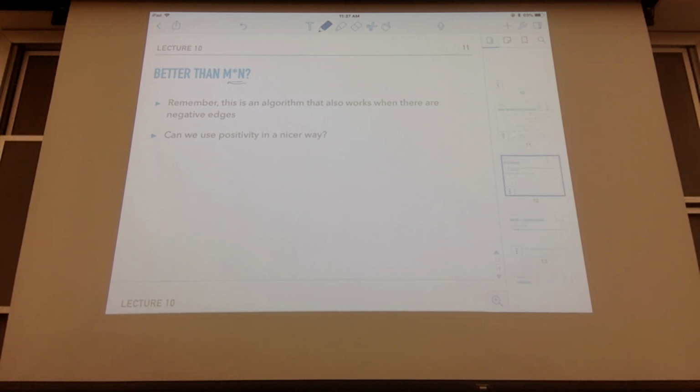So we can ask, can you do better than m times n? And maybe we are doing too much, because we are handling even the more general case where you have some negative weights. Suppose I told you all the weights were actually positive. Can you come up with an algorithm that's even faster?